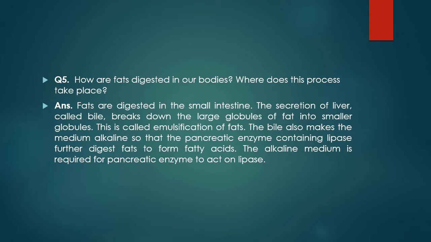The bile also makes the medium alkaline, so that the pancreatic enzyme lipase further digests fats to form fatty acids. So fat will be broken into fatty acids and glycerol. The alkaline medium is required for the pancreatic enzyme lipase to act. Second part answer, this process takes place in the small intestine.